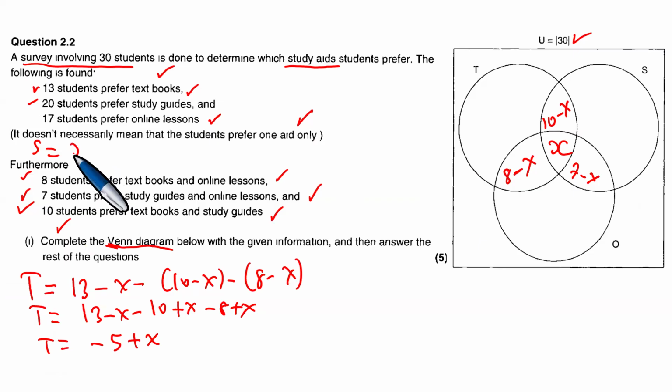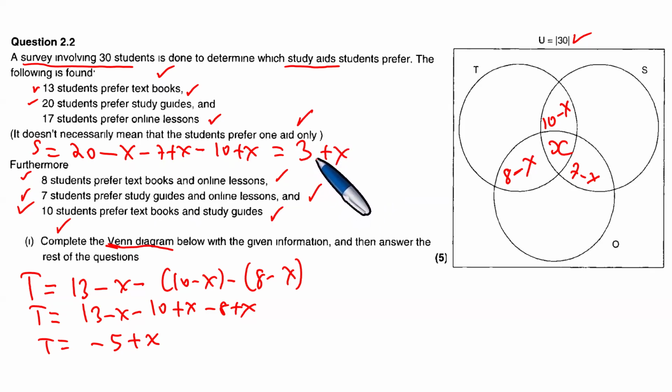So for the study guides, you have 20, minus X, minus 7 plus X, minus 10 plus X. What is the answer? 20 minus 7 minus 10 is 20 minus 17, which is exactly 3. Then minus X plus X plus X gives us X. So the study guides would be 3 plus X.